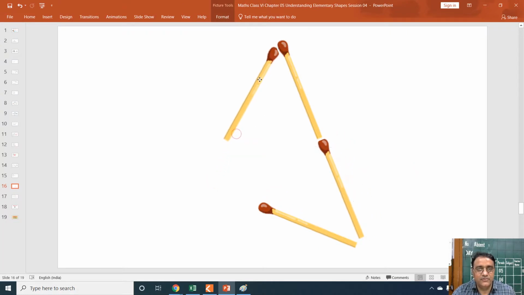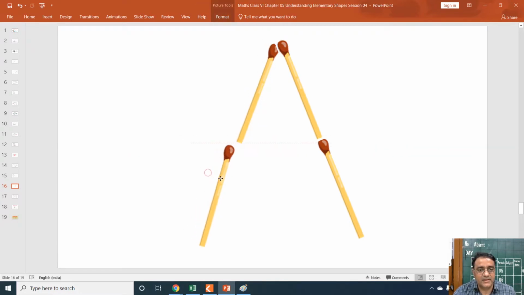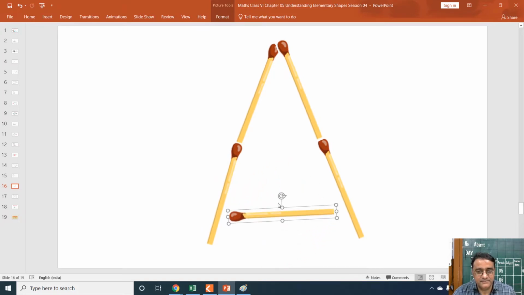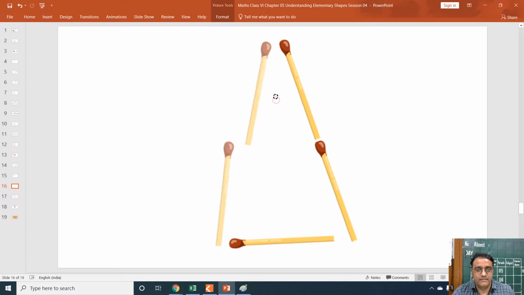Now 2 here, 1, and this one also I am going to rotate. We joined these 2, okay. Let's rotate a little more. And one more we required, so we are joining it here. See, let's close it a little more. Are you able to understand?